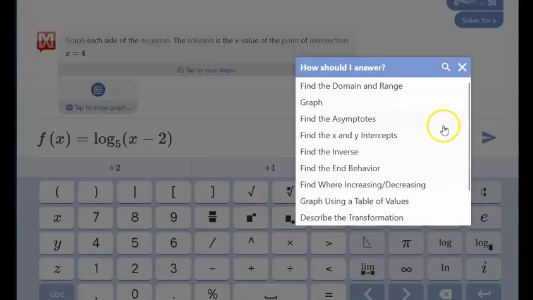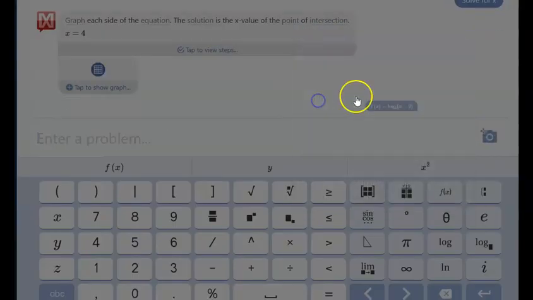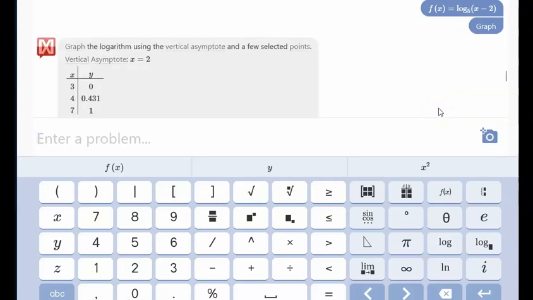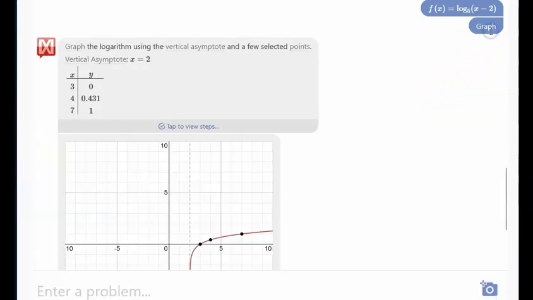All right, let's check it out. Do the graph here. Graph. And there it goes. So notice our shift was not to -2, but the -2 in parentheses became a +2. So our new vertical asymptote is x equals 2.